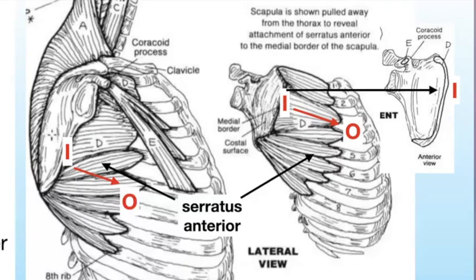Understanding that, one can then imagine that the serratus anterior attaches on the medial border of the scapula, and then the subscapularis, which we will learn, inserts next to it, with the subscapularis ending up superficial to the serratus anterior. So the serratus anterior is deep to the subscapularis. It is right against the rib cage.